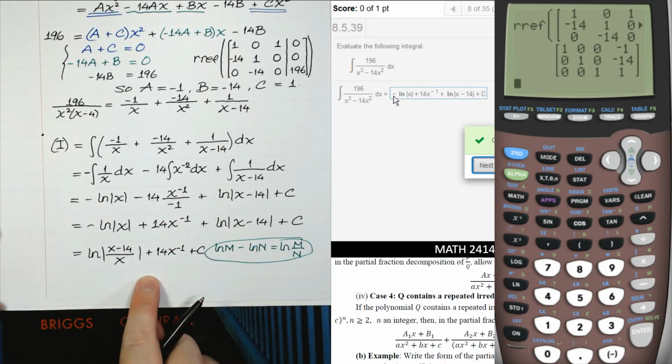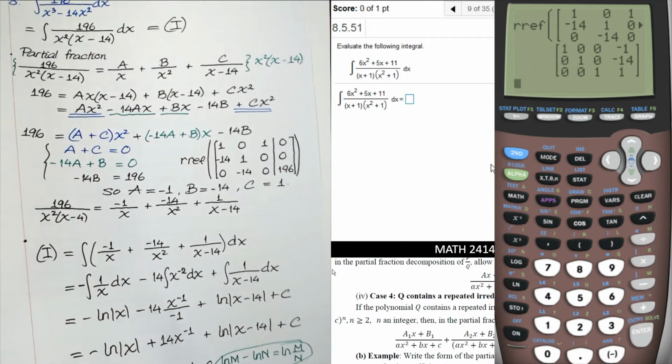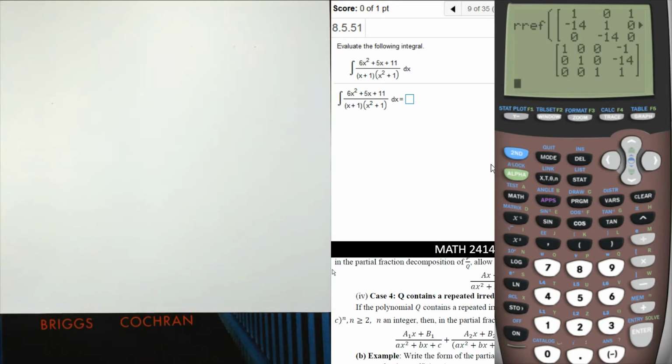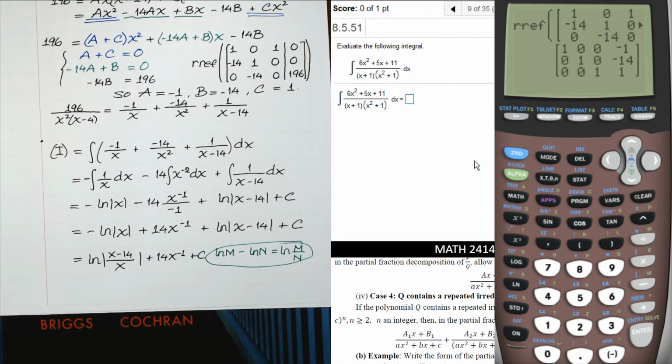If we enter this answer in MyMathLab, they will take it as well. So that's the nice thing about MyMathLab. They take equivalent answers. Let's leave there for a moment. Right, next.